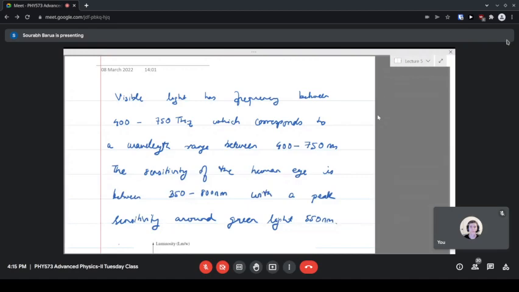Do you know? Okay, so yeah, you can convert 400 nanometers. Which of these two limits, 400 or 750, do you think 400 nanometers will give?